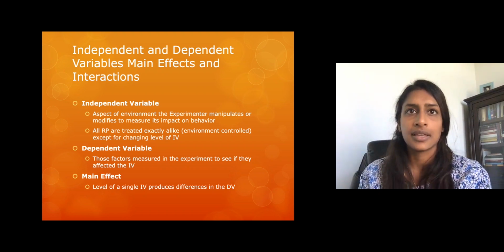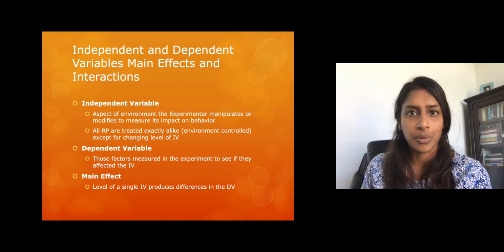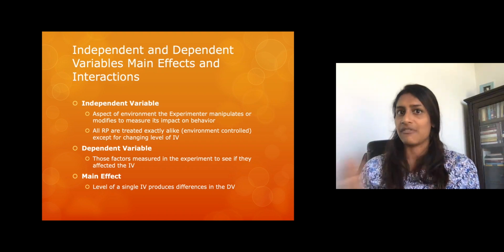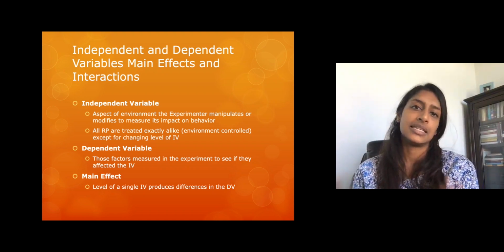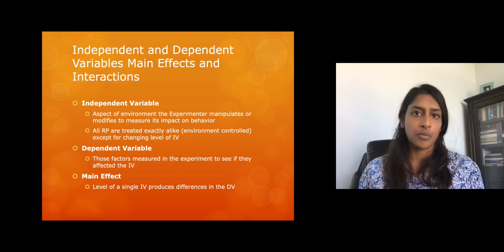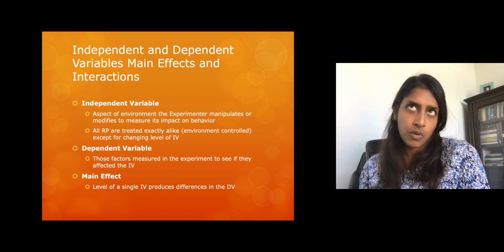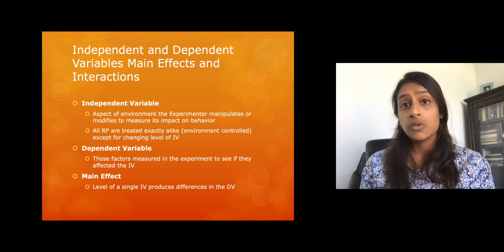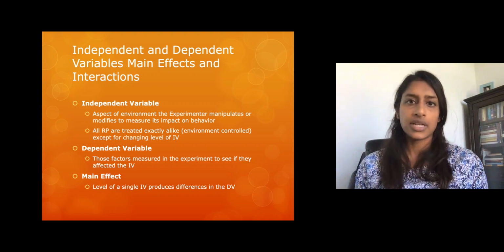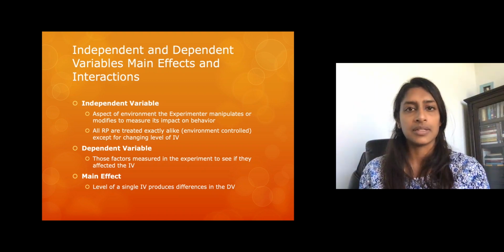So in this case, my IV is going to be the amount of time that I'm allowing each participant to spend in the program. And then I give everyone the same assignment, and I see how quickly they can complete it. Now, if I'm assuming that the more time you spend influences how quickly you can complete an assignment, if that's what I'm hypothesizing, then those individuals who spent more time in the program should be able to complete the assignment in a quicker fashion.